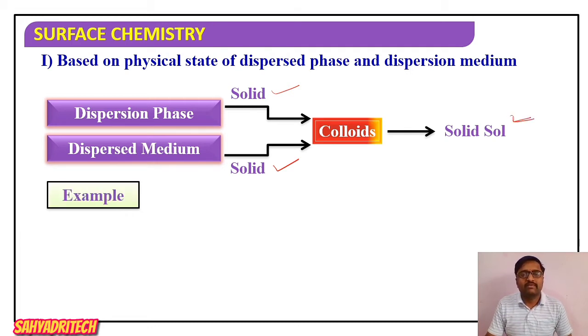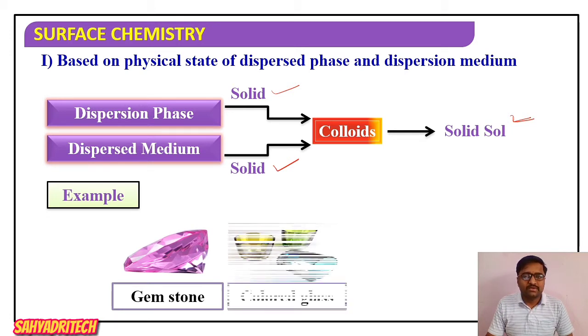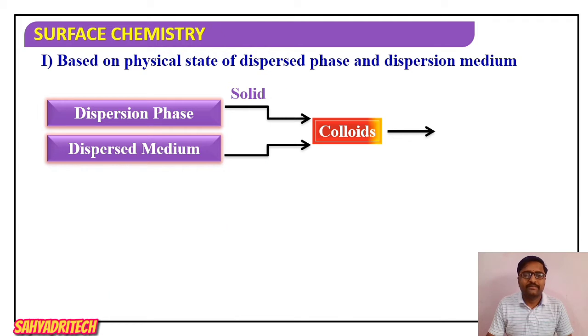For solid sol, gemstone is an example. Colored glasses are also examples for solid sol. So what is solid sol? Here both dispersed phase and dispersion medium are in a solid state. Example, gemstone and colored glasses. It's one type, solid sol.